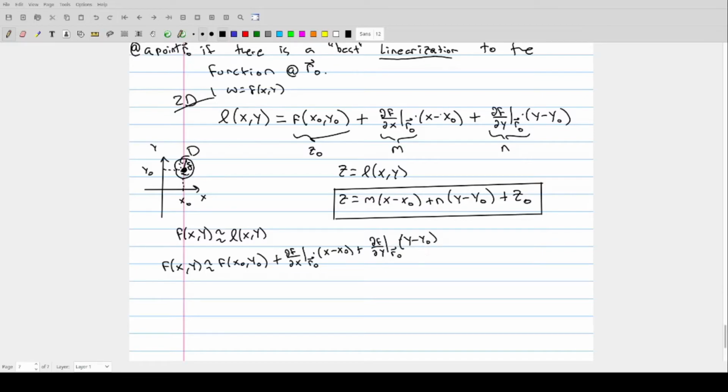This is what differentiability is telling us. If a function is differentiable, then when you get very close to a point, the value of the function is approximately equal to the value of the linearization at a point. And this idea holds for any functions of any number of variables. So we'll see how to use this in examples a little bit later on.